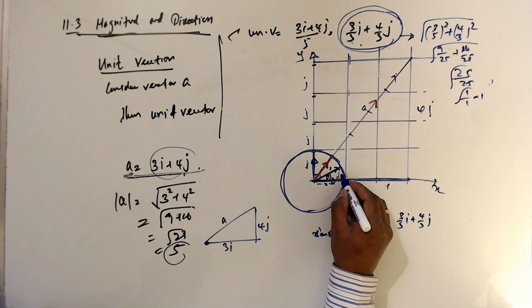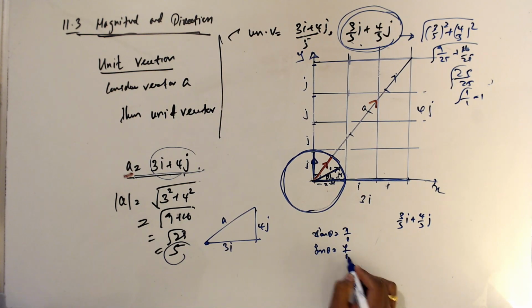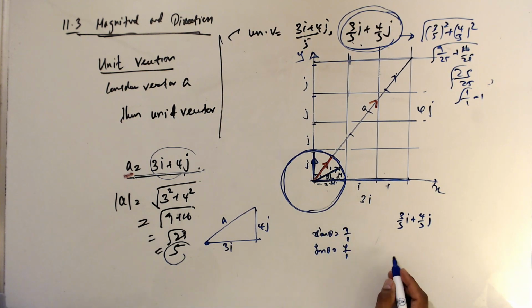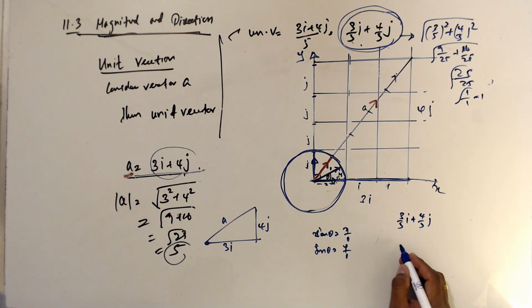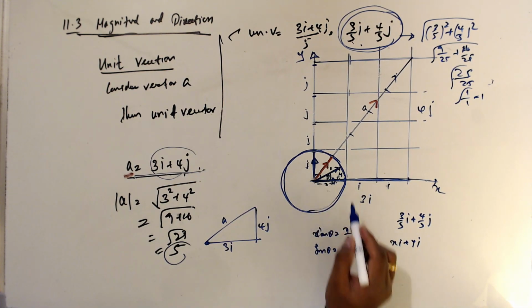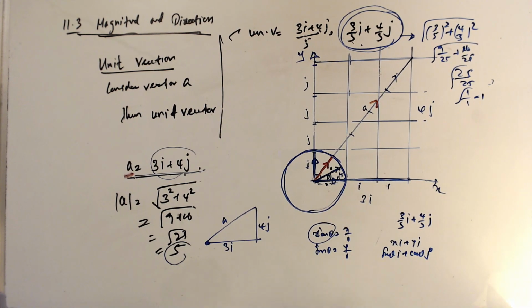Same as if you take this as y, sin theta equals y over hypotenuse, which is y. Now you know this distance is x and y, so we can write xi plus yj, which is sin theta i plus cos theta j.